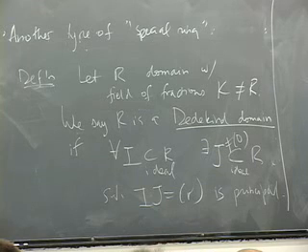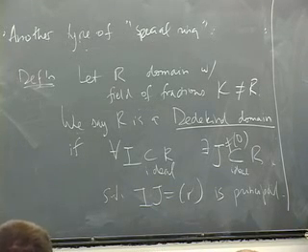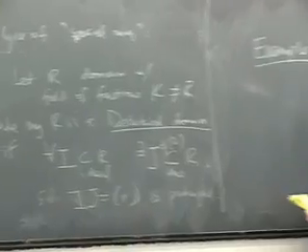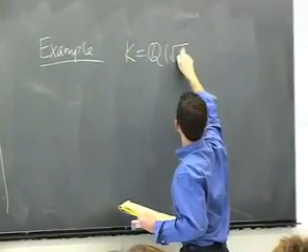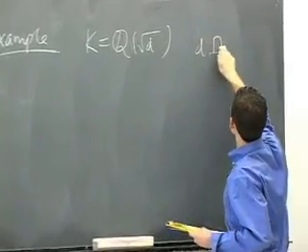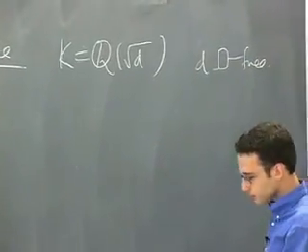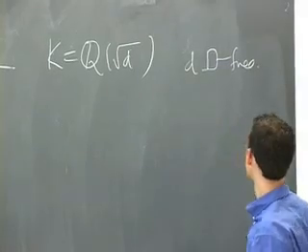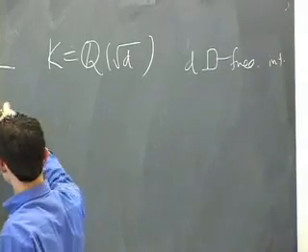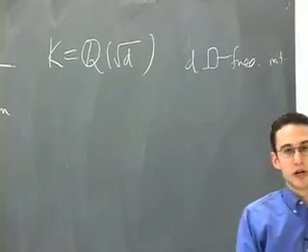So here's an example which is worked out in the book, and I highly recommend that you work out why it's true, because it gives you an idea of what happens in greater generality. So suppose I start out with K = Q(√D), where D is a square free integer. I'm going to use a slightly different notation because it's the general notation used in the literature.